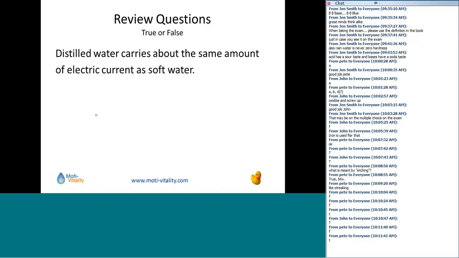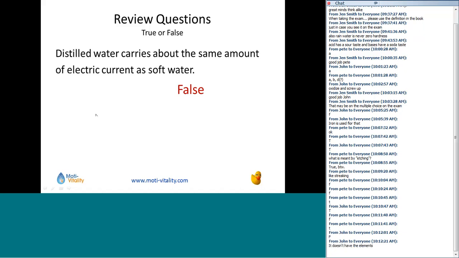Distilled water carries about the same amount of electric current as soft water. True or false? That's false. Why is it false? It is false because distilled water is mineral free.